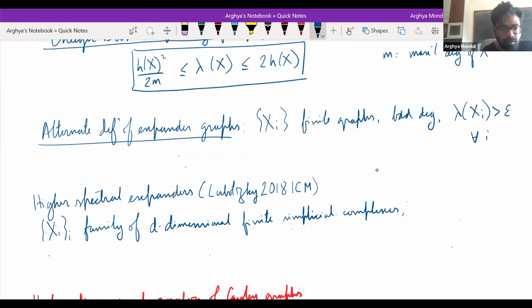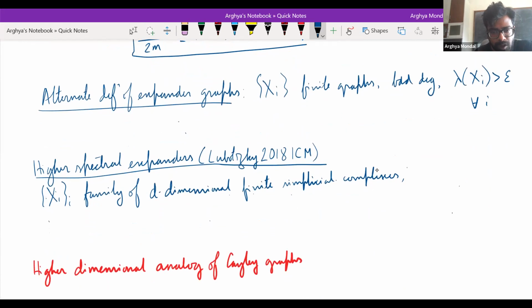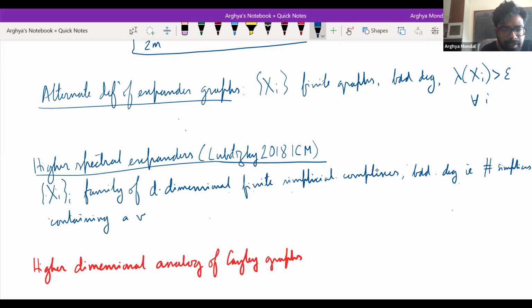So let me talk about higher spectral expanders. This is a definition given by Lubotzky in his 2018 ICM talk. So you consider a family of d-dimensional finite simplicial complexes, and you want them to be of bounded degree. That is, the number of simplices containing a fixed vertex is bounded above.